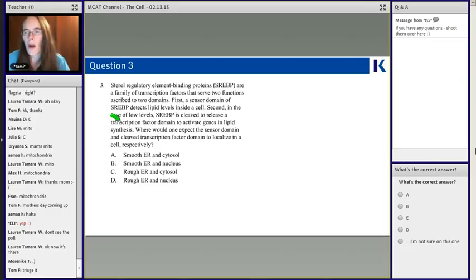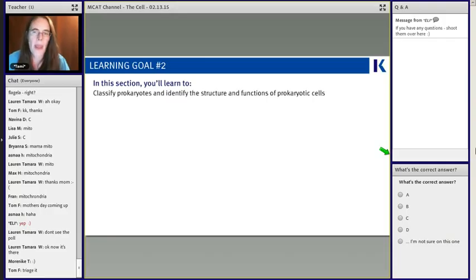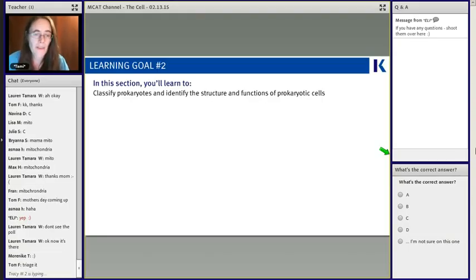Now, our next thing that we're going to do is look at our second learning goal. Our second learning goal here is really to understand how to classify prokaryotes. This is important because prior to things like PCR and ELISA assays, what we had to do is look at a patient's blood or something taken from a patient, look at it under a microscope, and be able to identify it that way.